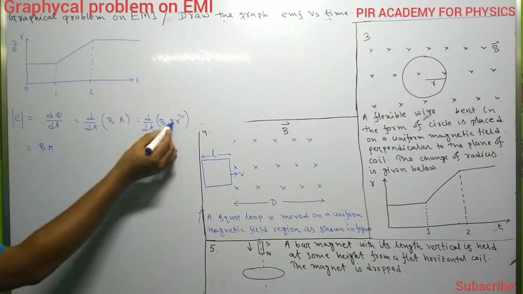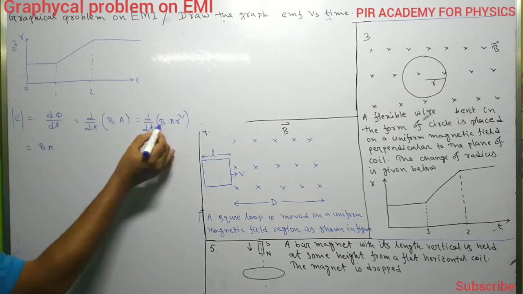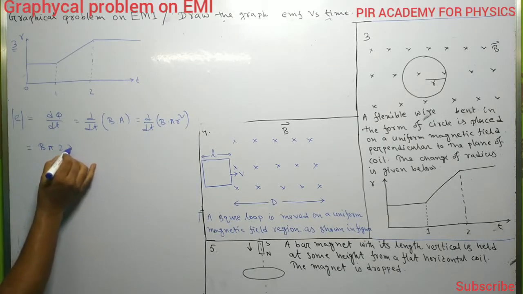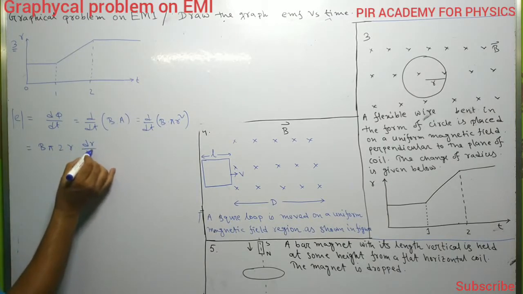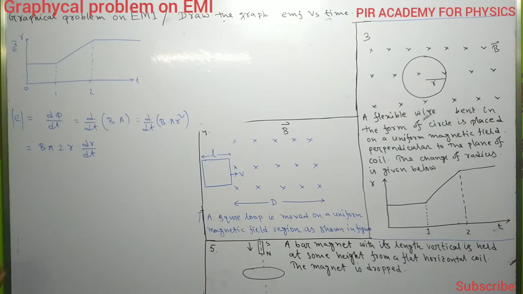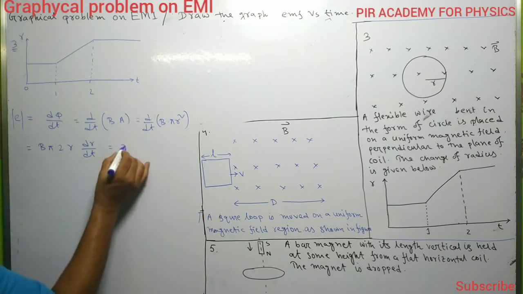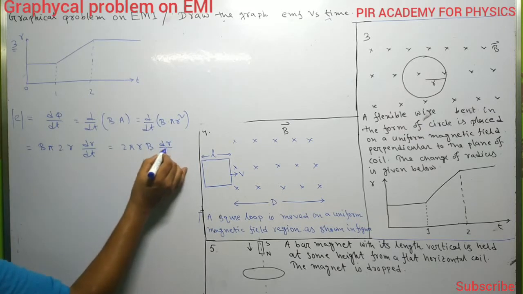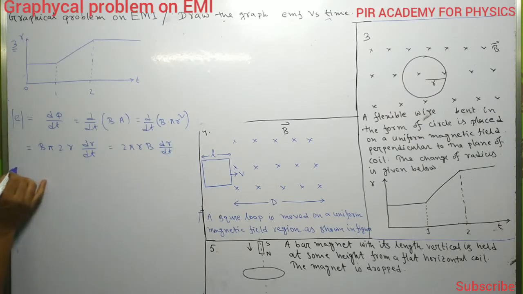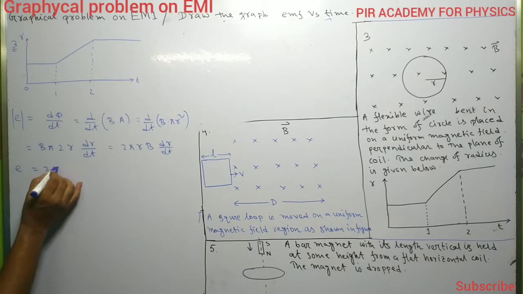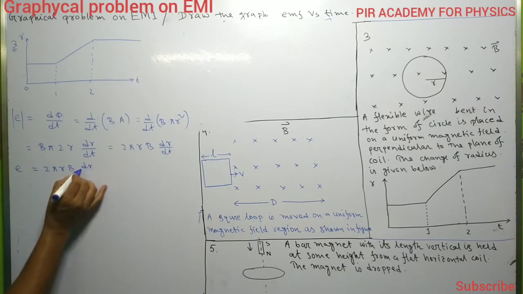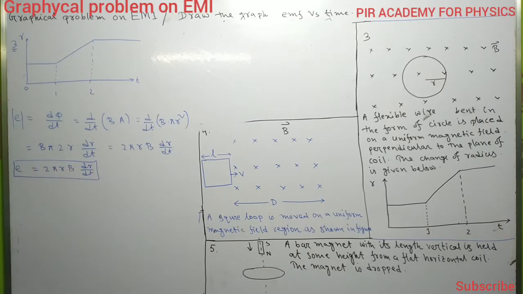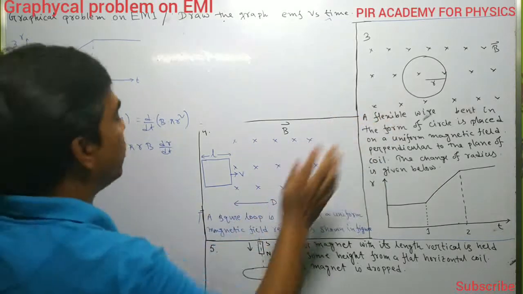If you differentiate r square, then 2r dr by dt. That means E equals 2 pi r B dr by dt. This is the induced electromotive force in this condition.